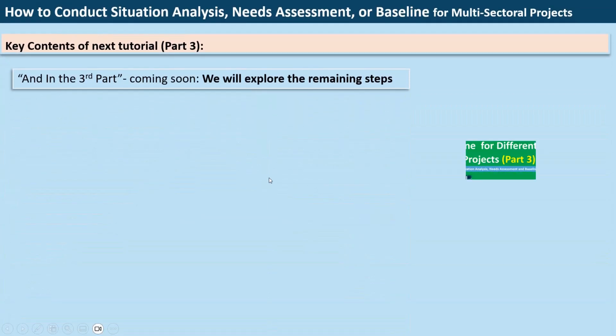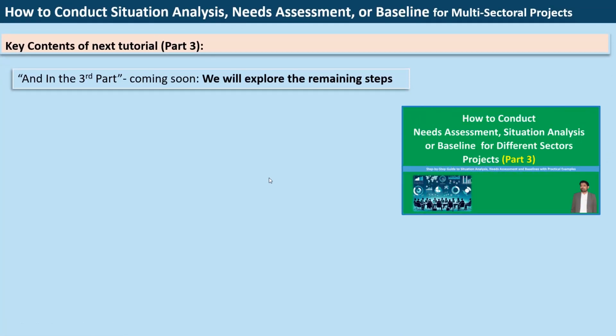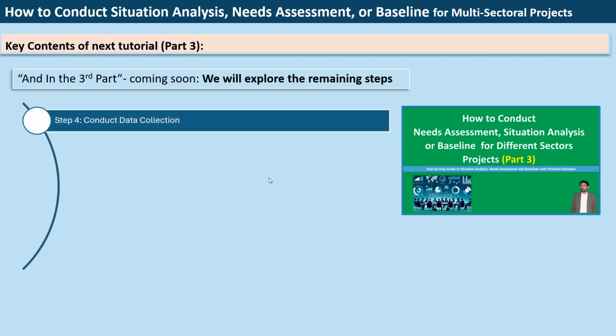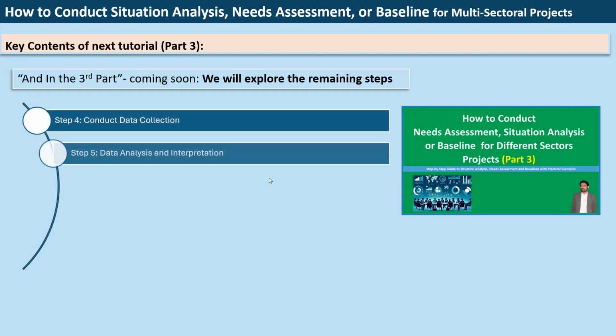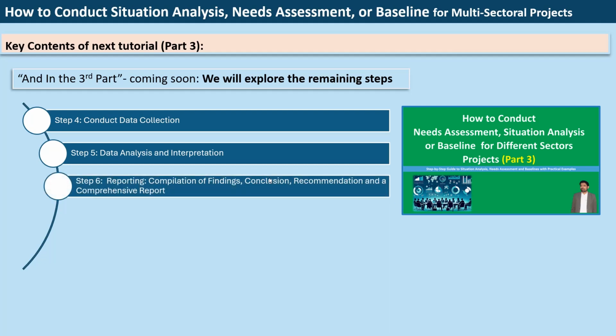In the third part, which I will upload very soon in 2 to 3 days, we will explore the remaining steps. Step number 4, to conduct data collection. Fifth step, data analysis and interpretation. And the last step, compiling findings, recommendations, action plans, and developing a comprehensive report.